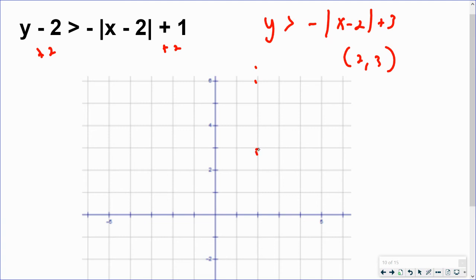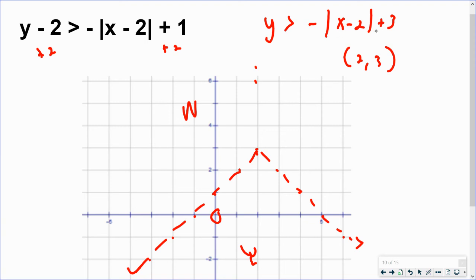It's reflected but not stretched. It's a less than, so I'm going to put a dash line in here. Here's my test point. That makes this the yes side and this the no side.